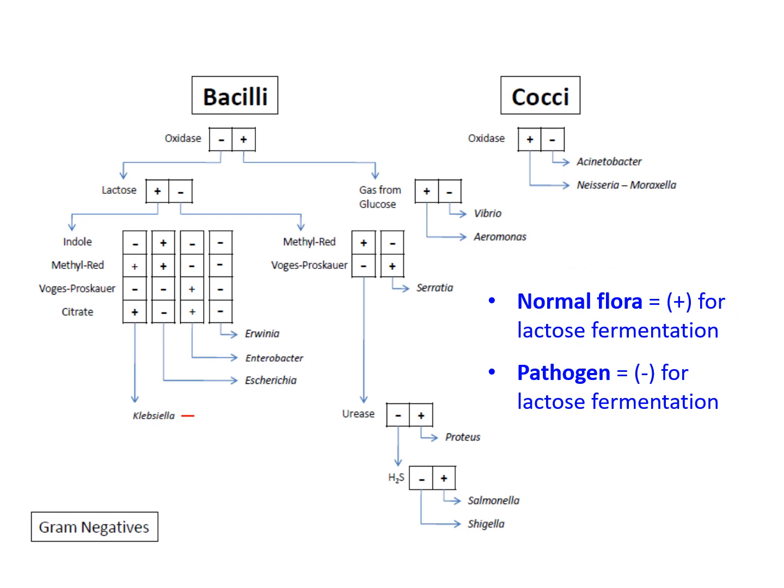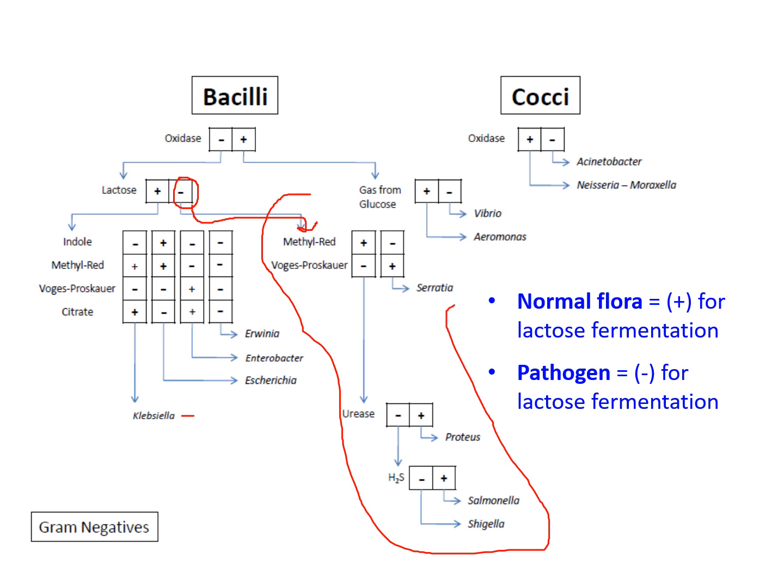Now, if your bacteria, let's say you did the lactose test and it's negative, I'm going to go down this route. What am I going to do? Well, I'm going to do the methyl red test, the Voges-Proskauer, and I might do the urease. So you're going to go down this route. Those are basically the pathogenic ones. Why? Because those are negative for lactose fermentation.